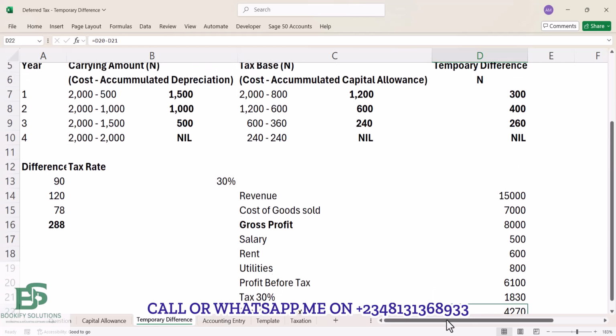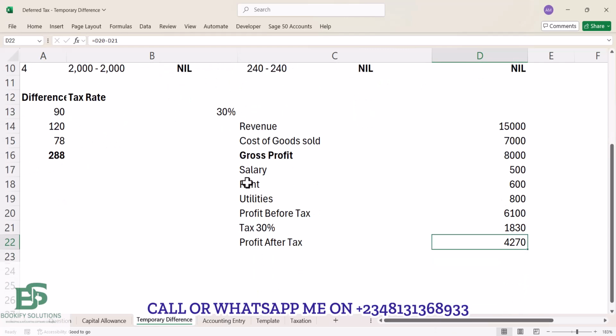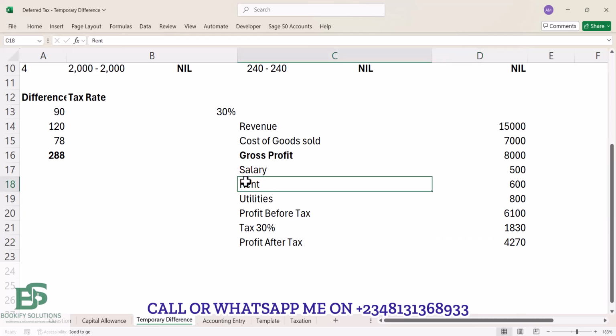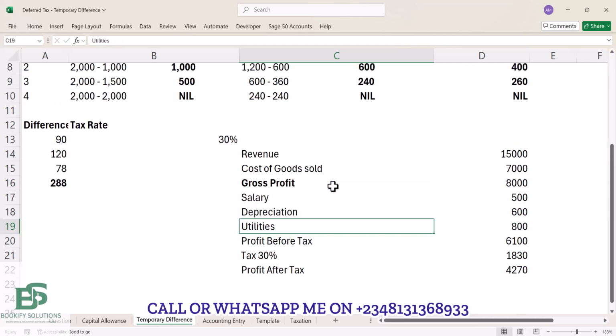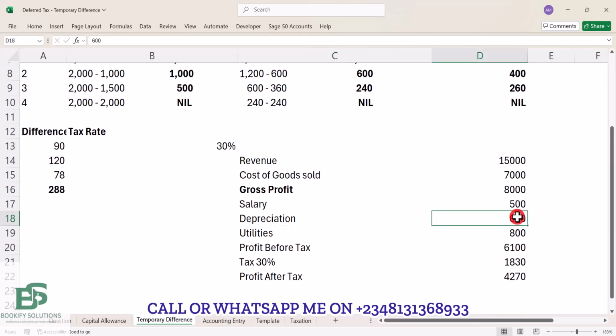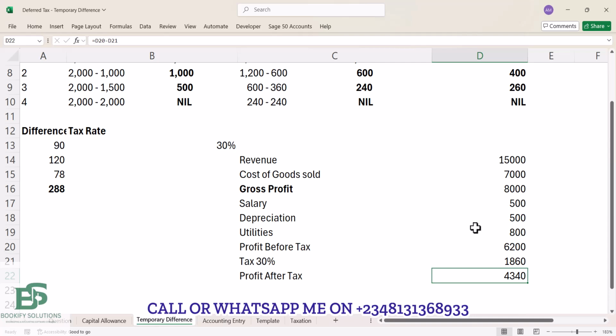Now let's say one of these expensive items is depreciation. This depreciation we will talk about, we'll just calculate it up here. Say it is depreciation because you have a fixed asset, and 500 is what you deduct. So it means the value you get now is 4,340. Now the tax authority comes to say no, we won't use this 500.